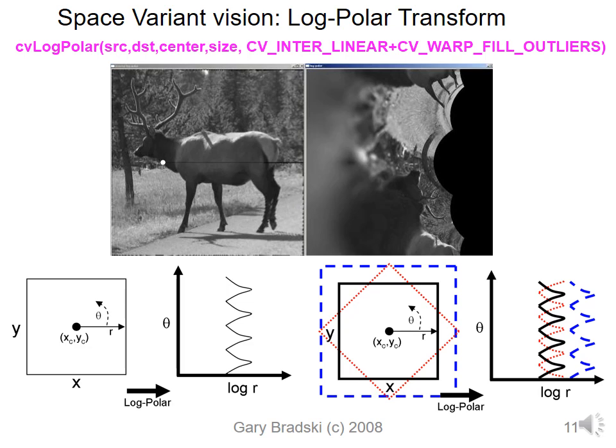When the image is rotated like this, from the black box to the red dotted box, the theta shifted by 45 degrees, like this from here to here, and when the size becomes bigger, the log r is shifted like this.